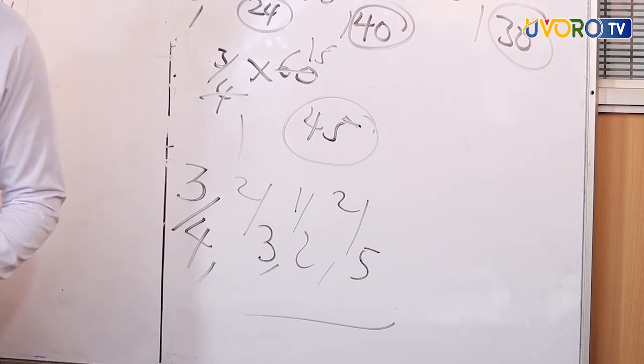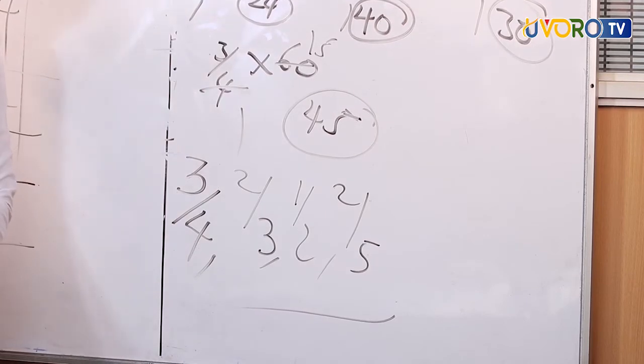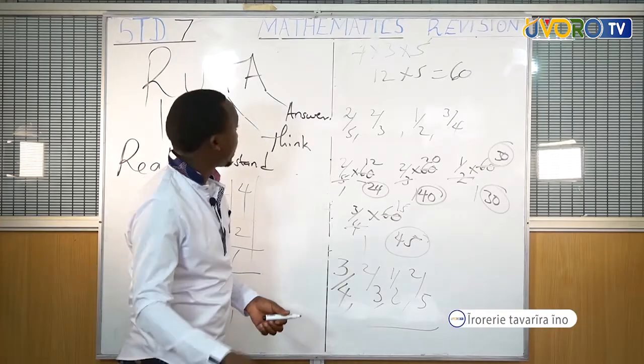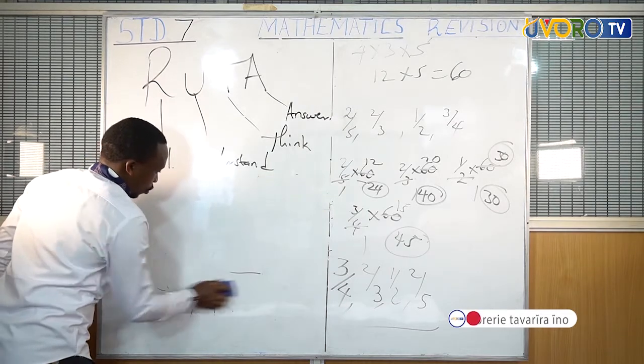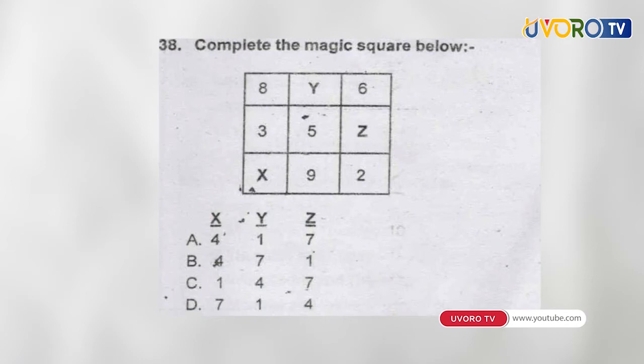We go to question number 38, approaching the end of the questions. Question number 38, we are told, complete the magic square.